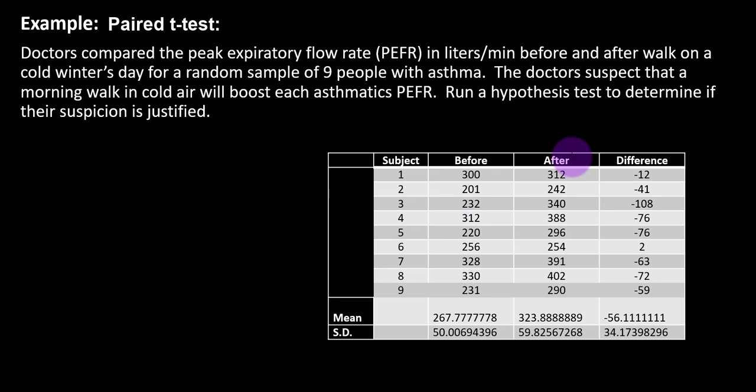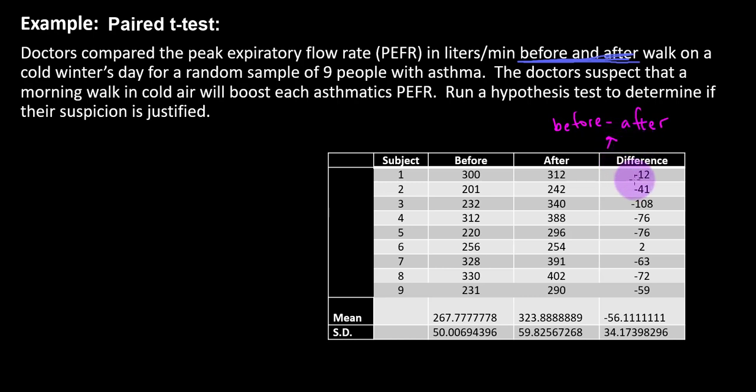So there's our clue that we're doing a paired t-test, because of those before and after values. And these differences are computed as the before minus the afters. Yeah, this looks like it's before minus the after values.